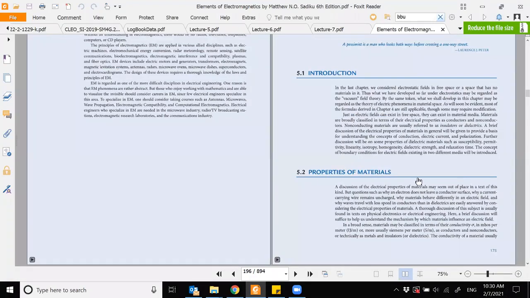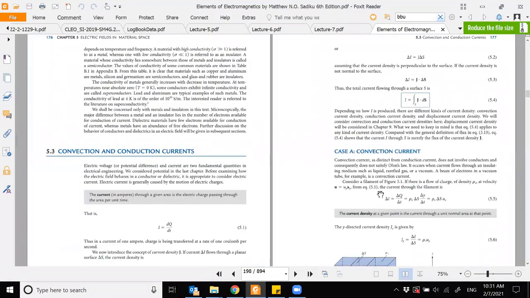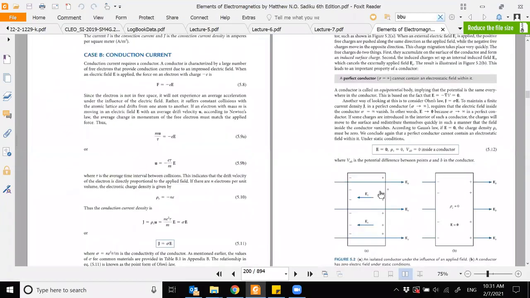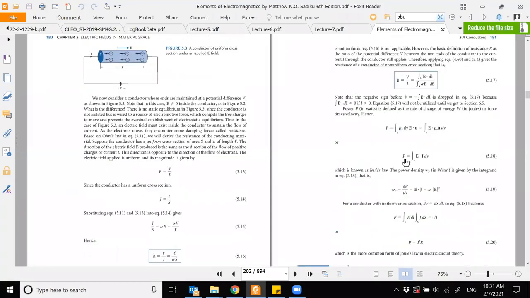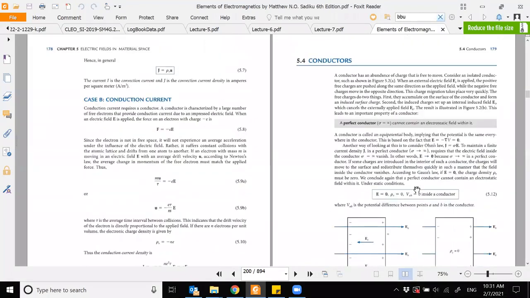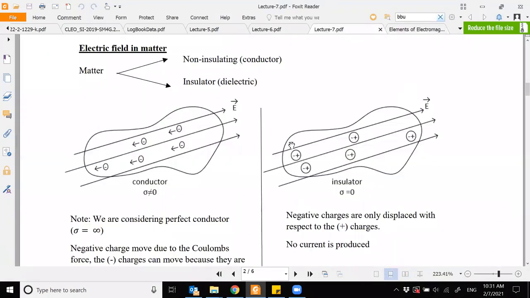So we are looking at the properties of the material. We look at the conduction and convection currents, and then the conductors and the expressions and all these things.